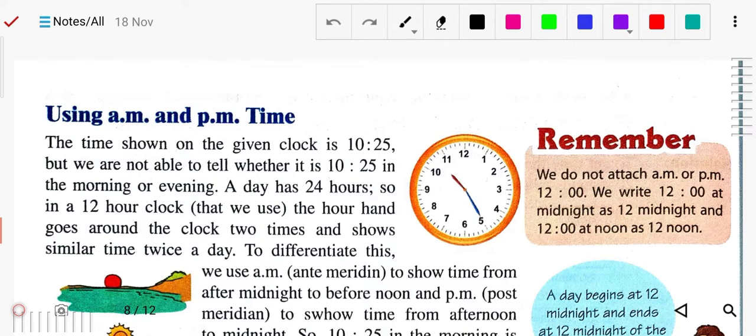Also, you can see here we do not attach AM or PM when the exact time is 12 o'clock at midnight or 12 o'clock noon. We write only midnight or noon.